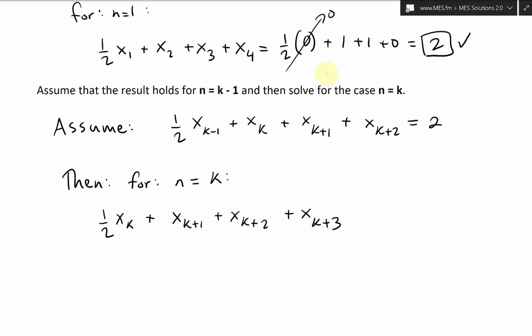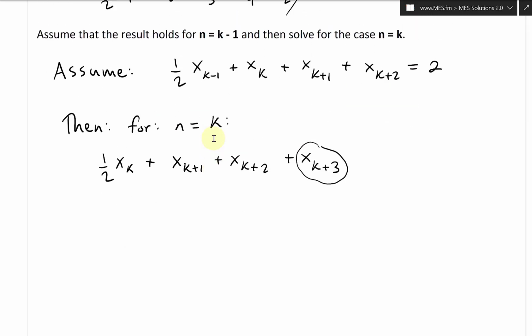We want to solve this, and this is a pretty next level solution that the solutions manual gives. It considers x of k plus 3, which doesn't show up in the assumed equation, but shows up here once. The others, k, k plus 1, and k plus 2, do show up, but not k minus 1.